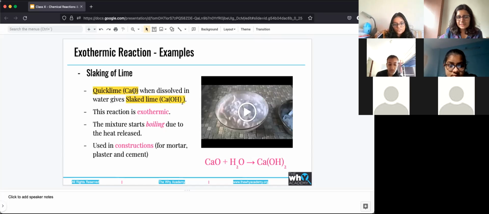So calcium oxide, CaO, commonly called quicklime, is used in everyday life. When you dissolve that in water, you get calcium hydroxide. Its real world common name is slaked lime. Slaked lime is just one name for it. It is also called lime water.